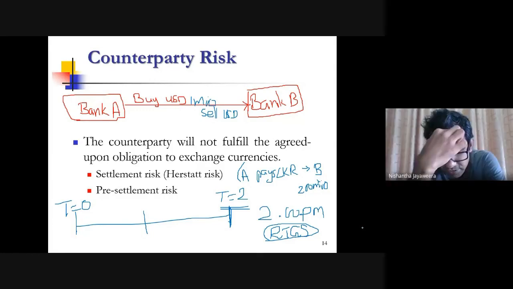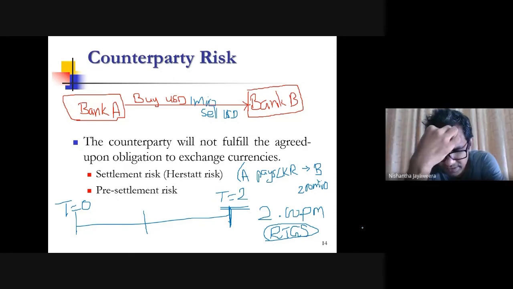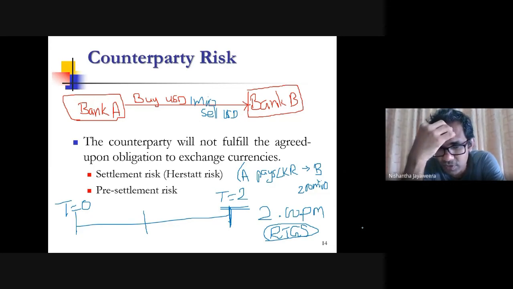Where do you have that Nostro account? Since this is a dollar transaction, Bank A maintains a Nostro account in the US. Bank B also maintains a Nostro account in the US.